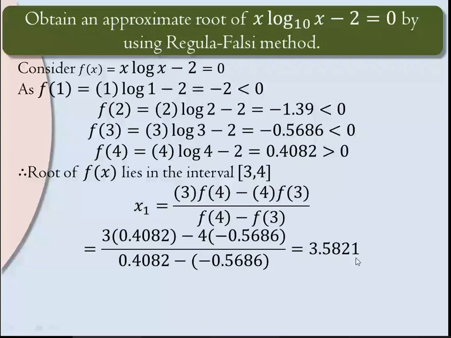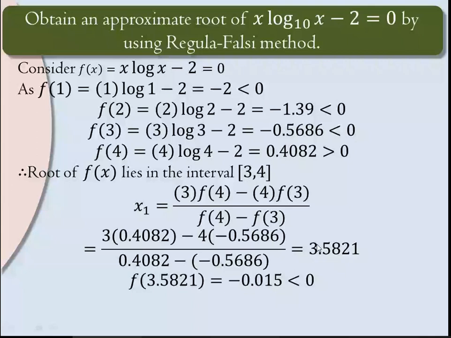Find the value of the function at that point, because we need that for doing the calculation. So it is minus 0.015. As we are fixing point 4, because it is positive, the new interval will be, instead of 3, this new point. If we are fixing 4, then we have to change the other value.